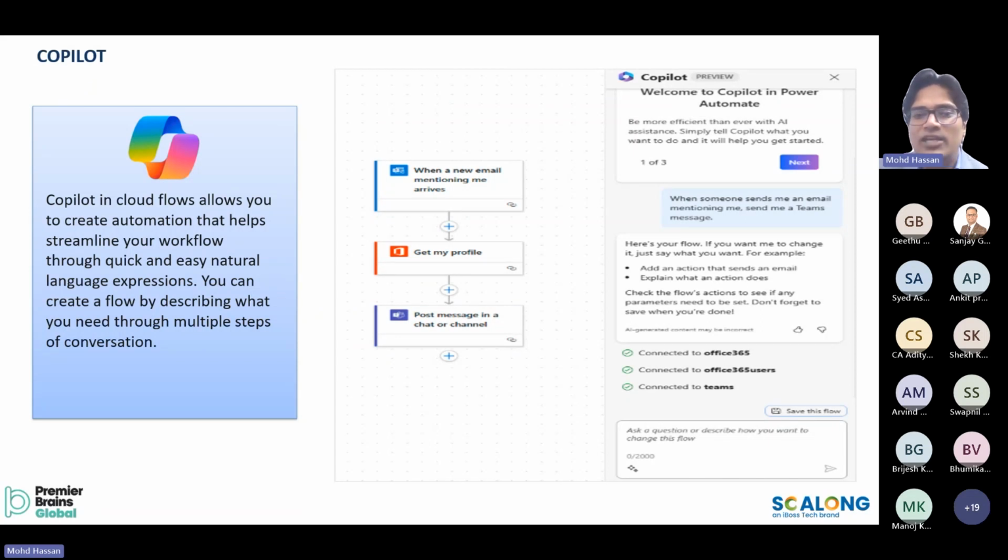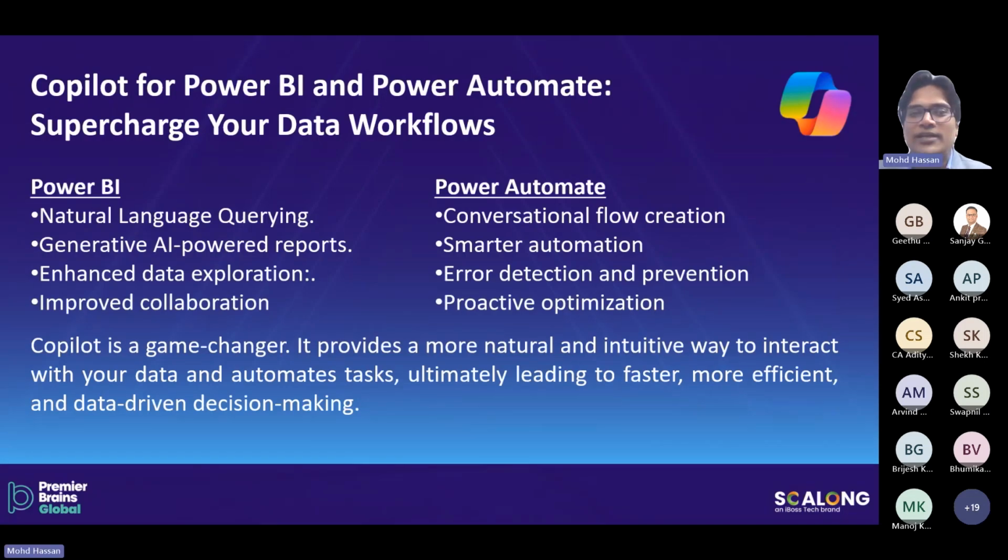It has suggested I connect to Office 365, connect to Office 365 users and Teams, and it has provided suggestions to have an action, send email, explain what action to be considered, and likewise. So this is quite easy. Copilot is quite easy because it is based on natural language querying, generative AI powered reports, enhanced data exploration, and improved collaboration.